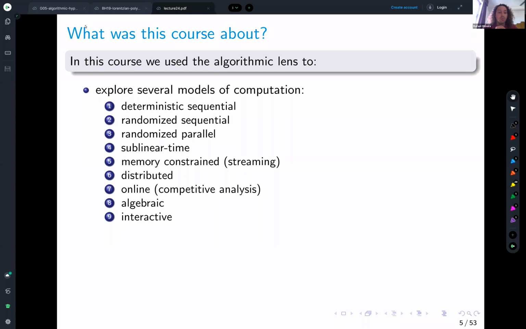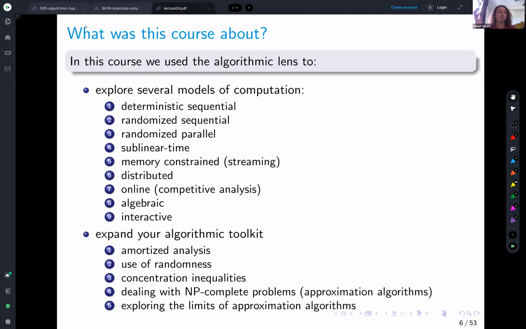And also we saw interactive models of computation, right, with zero knowledge proofs and probabilistic checkable proofs, right? So you can see that we learned quite a lot of different models of computation. And we not only saw different models of computation, but we expanded your algorithmic toolkit. So now you're more powerful, you have more tools to solve problems.